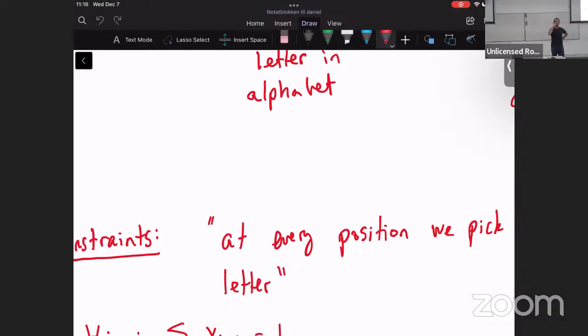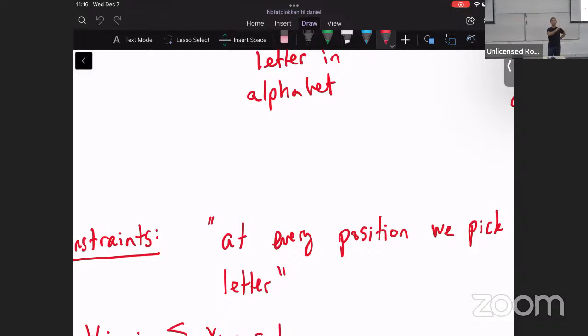So you're saying the summation of x_i,alpha over all i should be equal to L. That is correct. That tells you that you have to pick L letters, but it won't constrain you to pick one letter at every position.